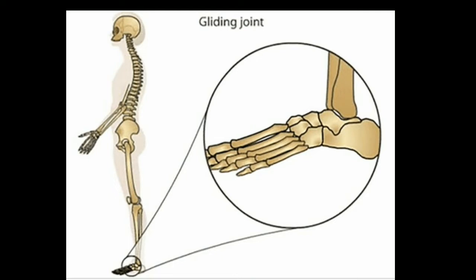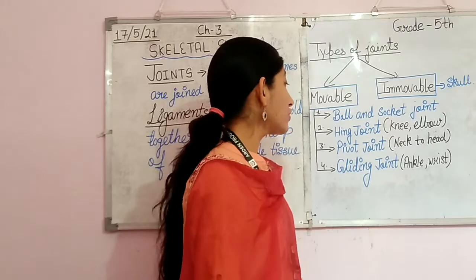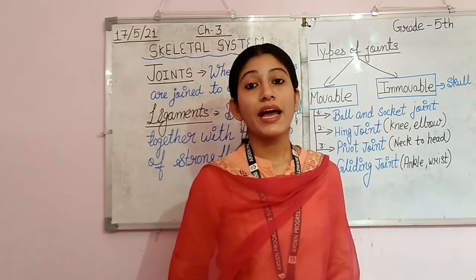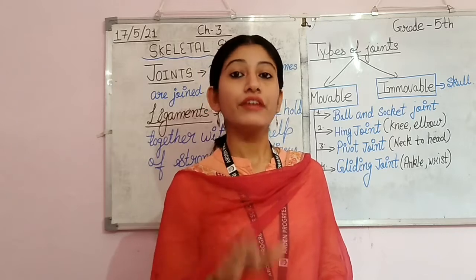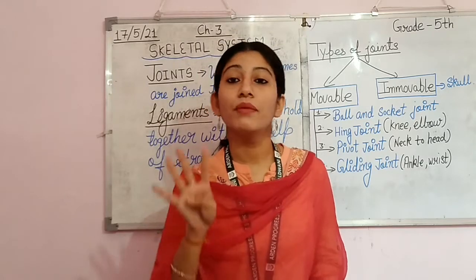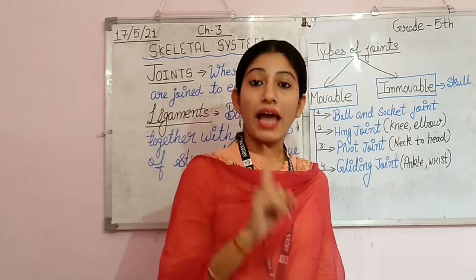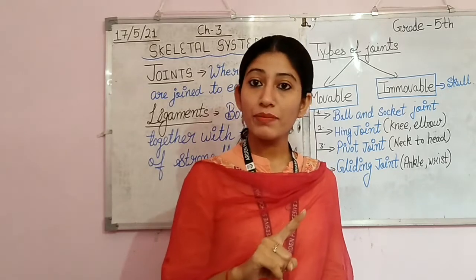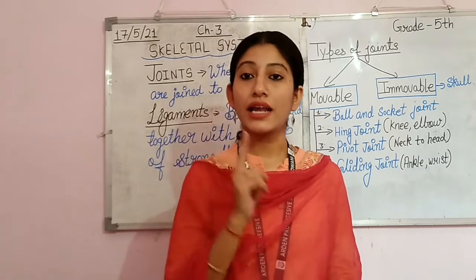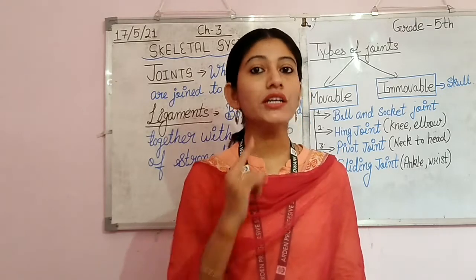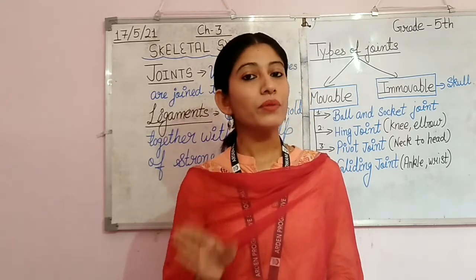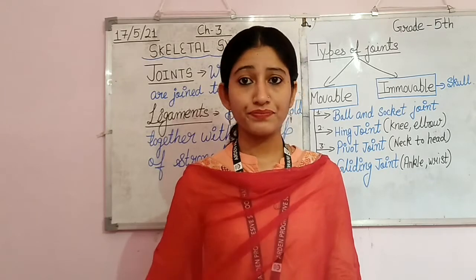Now students, on your screen, this is the gliding joint that is present in our ankle area. So here, students, I have explained the 4 types of movable joints. And in the case of immovable joints, the skull bones are immovable, but the exception is the lower jaw. I hope this much is clear to everyone.